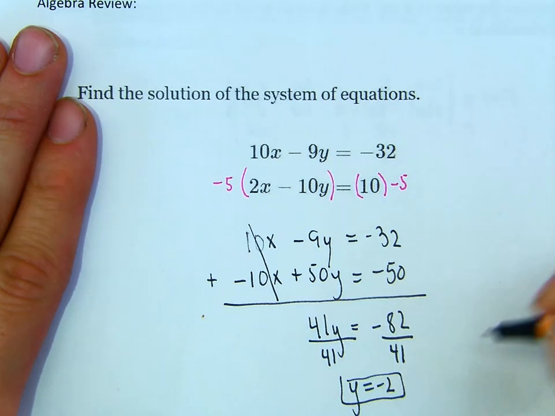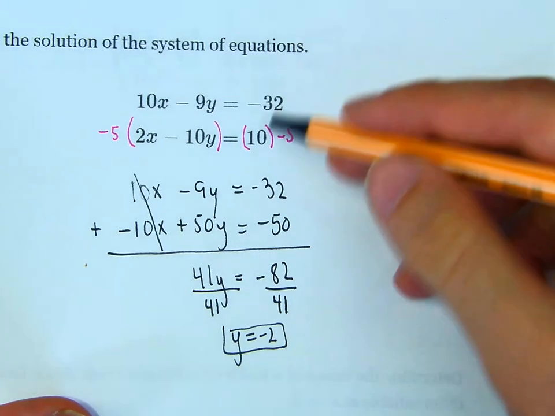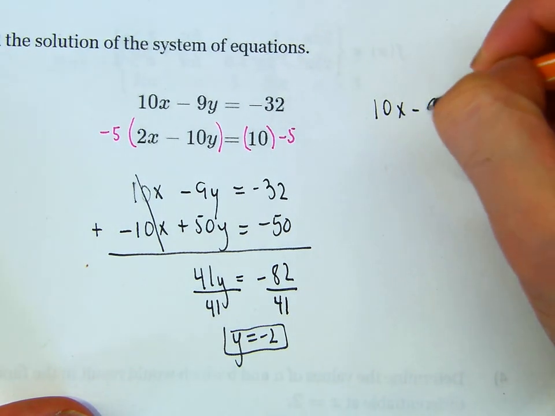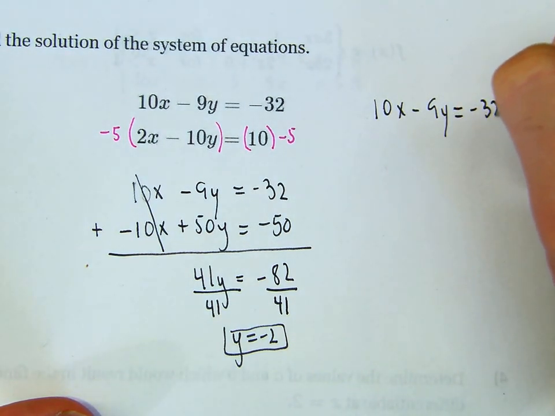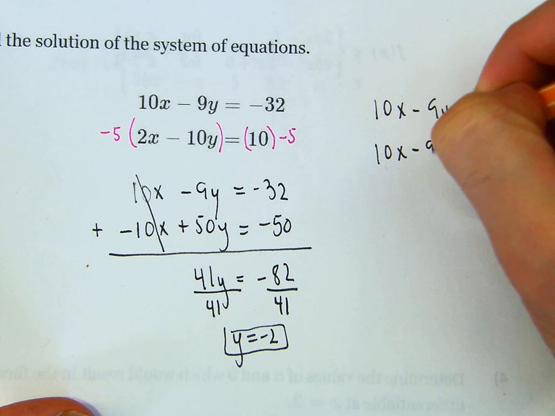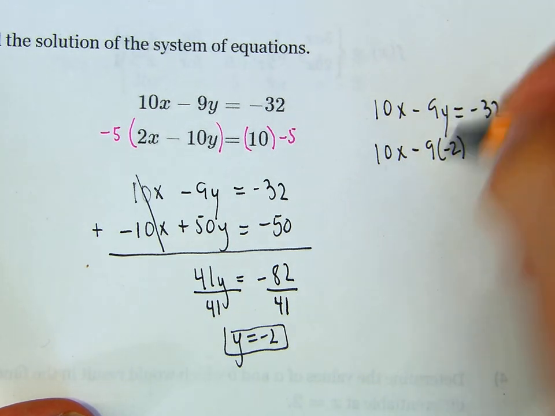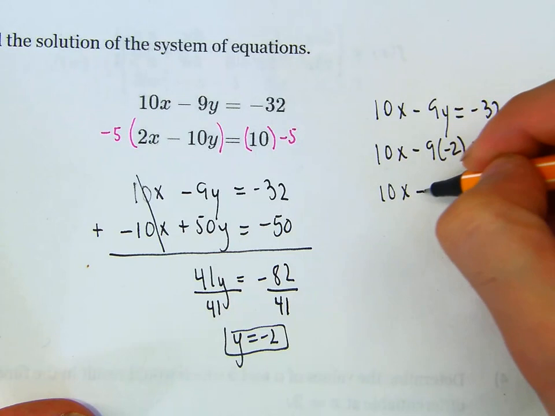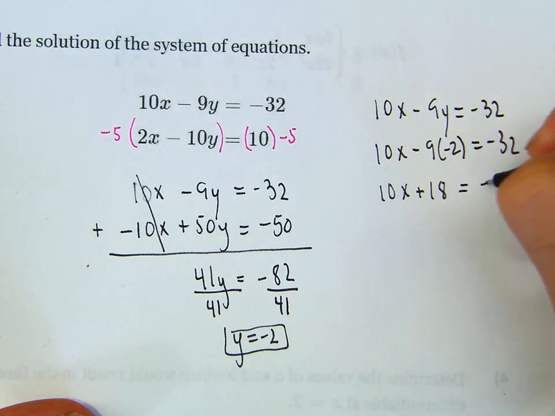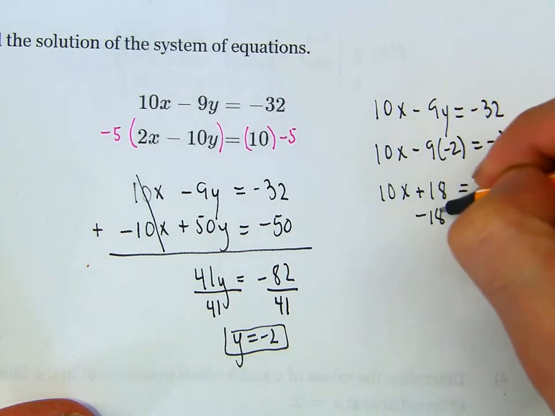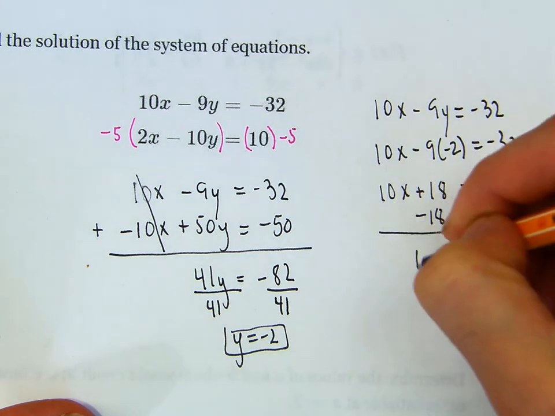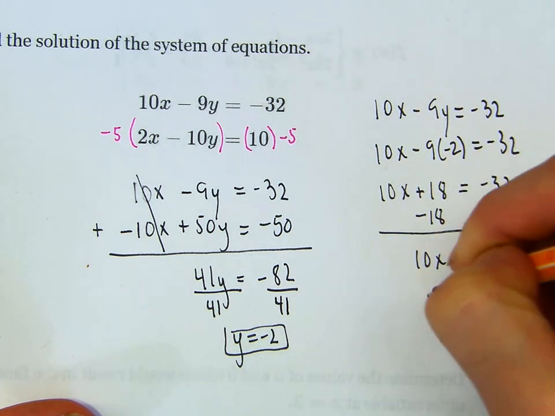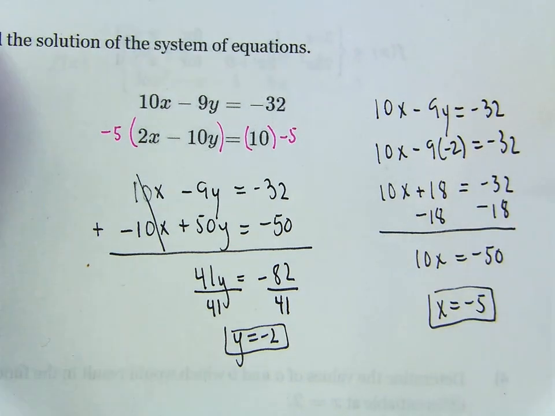Now that you have y equals negative 2, you could plug it into either the top or bottom equation. Let's say 10x minus 9 times negative 2, because y is negative 2, equals negative 32. So you have 10x plus 18 equals negative 32. Subtract 18, and 10x equals negative 50. Divide both sides by 10, and x equals negative 5.